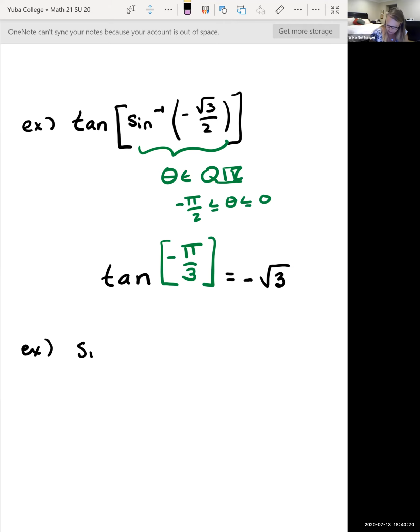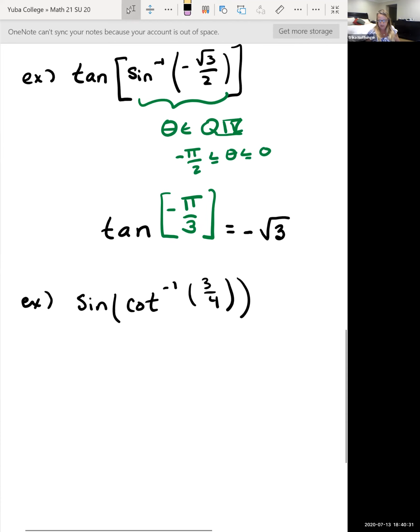So sine of cotangent inverse of 3/4. At any point, if this is something that we don't know, then we can always rewrite it as a triangle. So let theta equal cotangent inverse of 3/4.